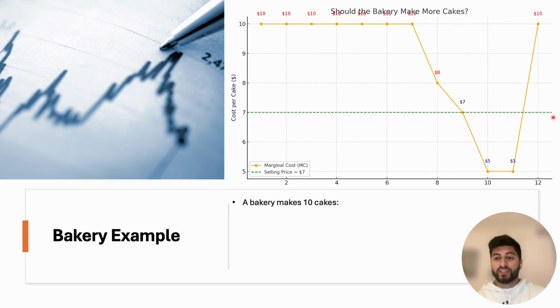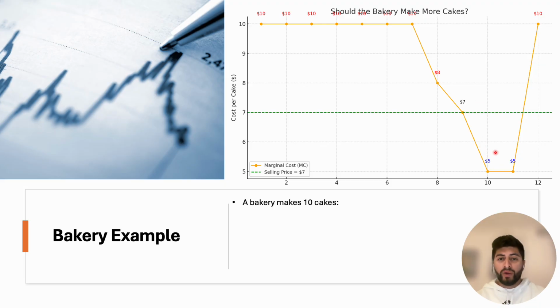This is the selling price, which is $7 per cake. You can notice here that the cost to make these cakes is below the selling price. That's good because then the bakery will be making profits, right? Because if it costs you $5 to make cake number 10, you have all this margin here to make a profit.